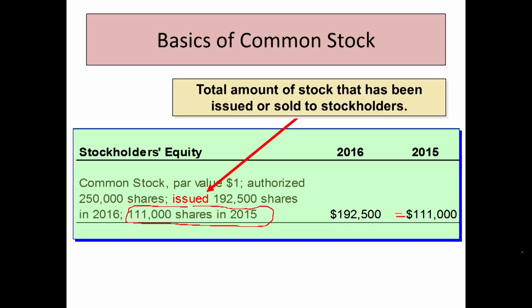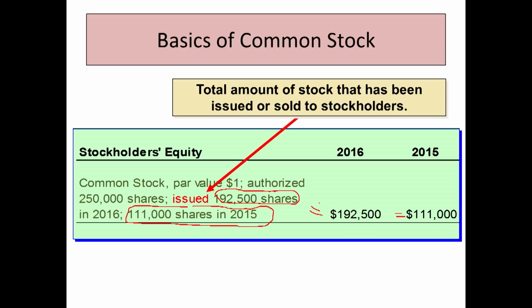In 2016, listen carefully, they issued an additional 81,500 shares. They issued or sold another 81,500 shares. So now, at the end of 2016, they have 192,500 shares. Very good question.